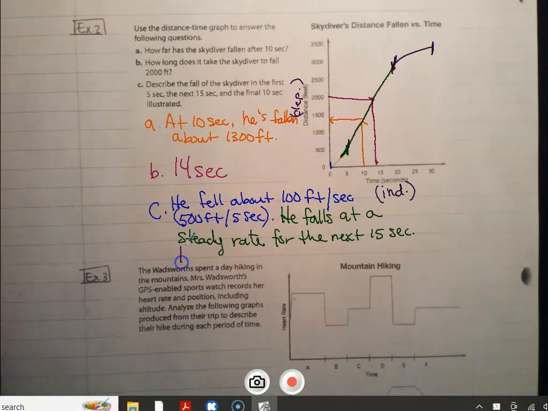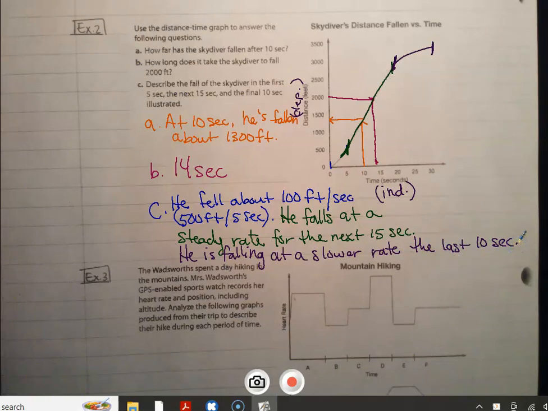All right, so he is falling at a slower rate the last 10 seconds. Okay, and again, that's because we can kind of see that the graph is flattening out here. It's getting flatter. It's not as steep as it was.